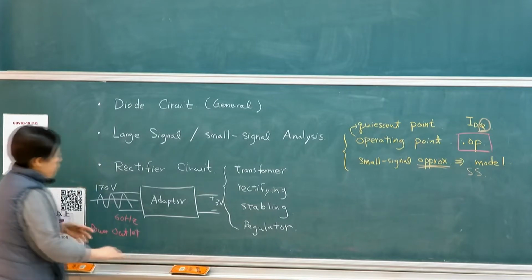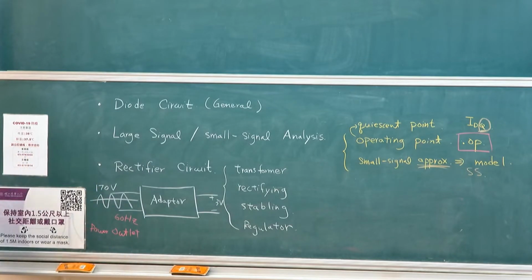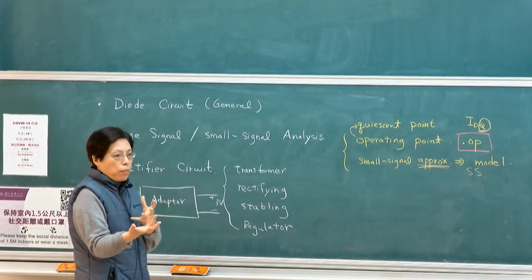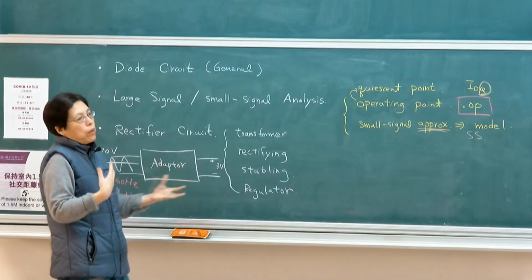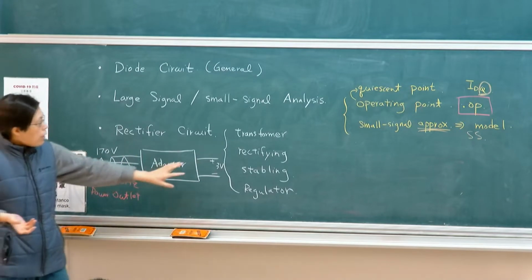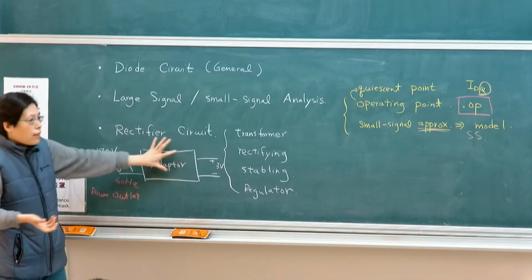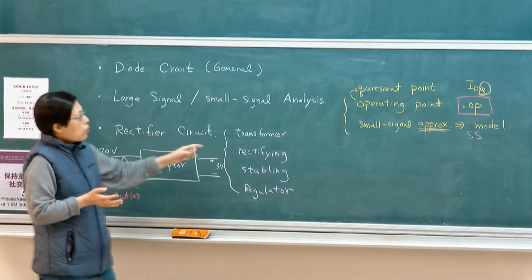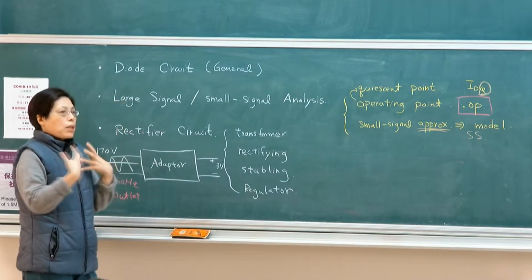So you take the power from the power outlet and then transform it into whatever you use to charge up the batteries, typically 3 volt, 12 volt, depending on your device. So what is inside this adapter allowing this to happen? One of the key components is a diode circuit, which is the rectifying circuit. So that includes these components.